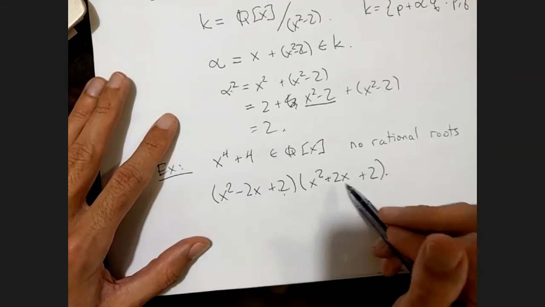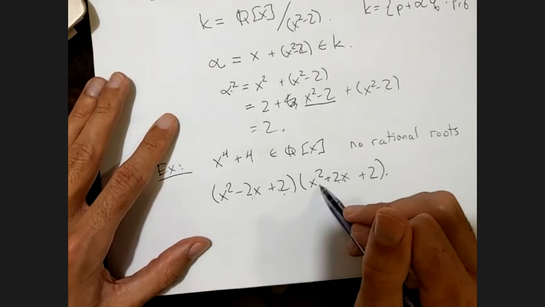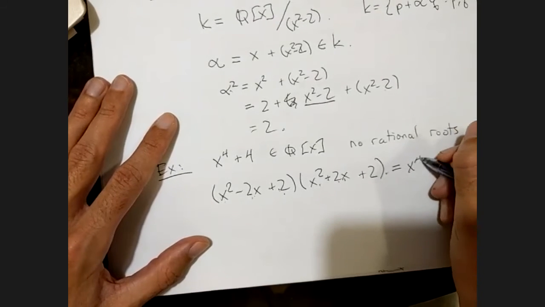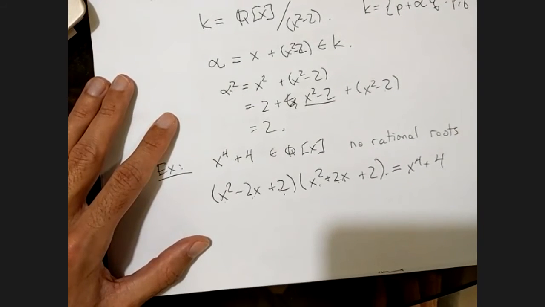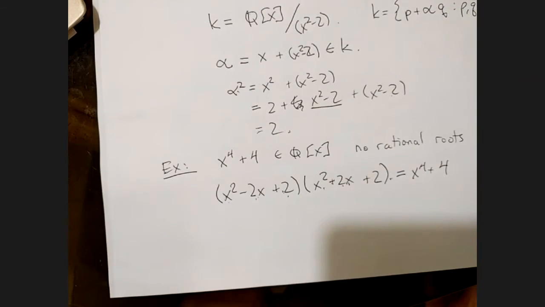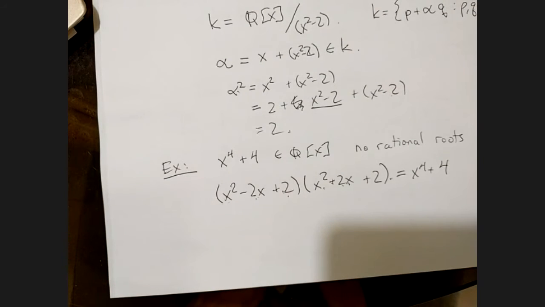And then you have x squared plus 2 squared giving the constant. So you have 2x cubed minus 2x cubed, you have no x cubed terms. So if you multiply it all out, you do get that. So you can have polynomials with no roots, yet the polynomial is reducible. So this trick only works for degree 2 and 3.